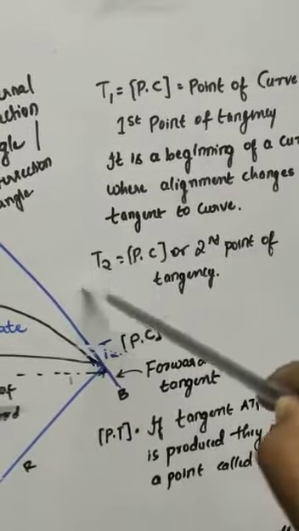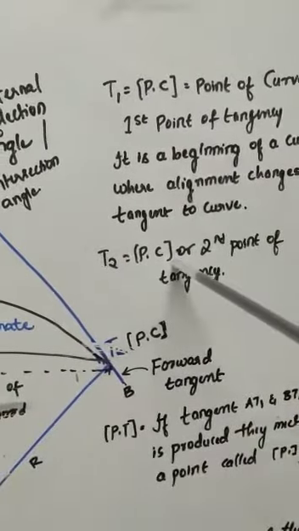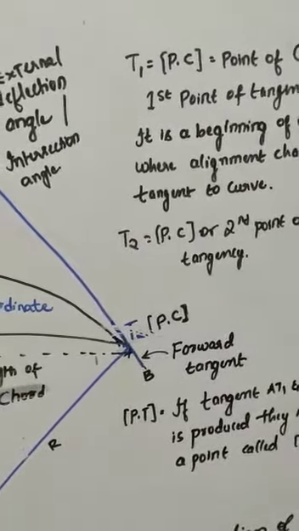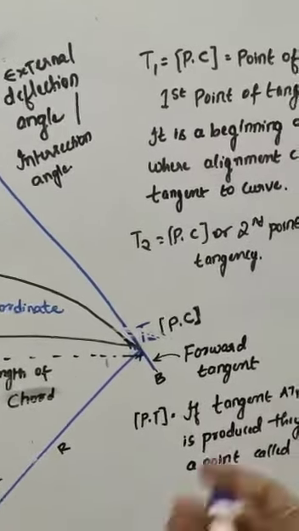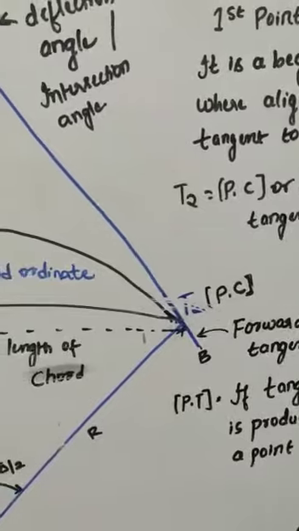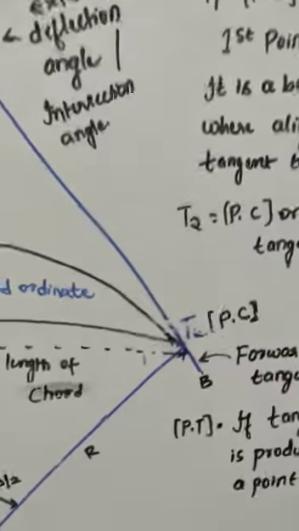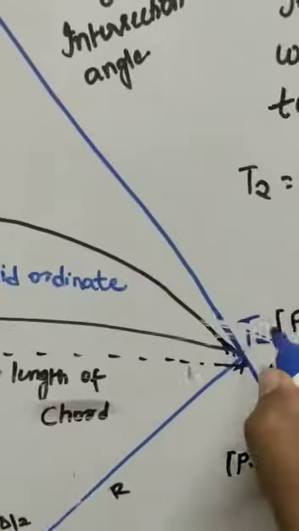Next is the point T2, that is PC. This is point T2. That is point of curve.